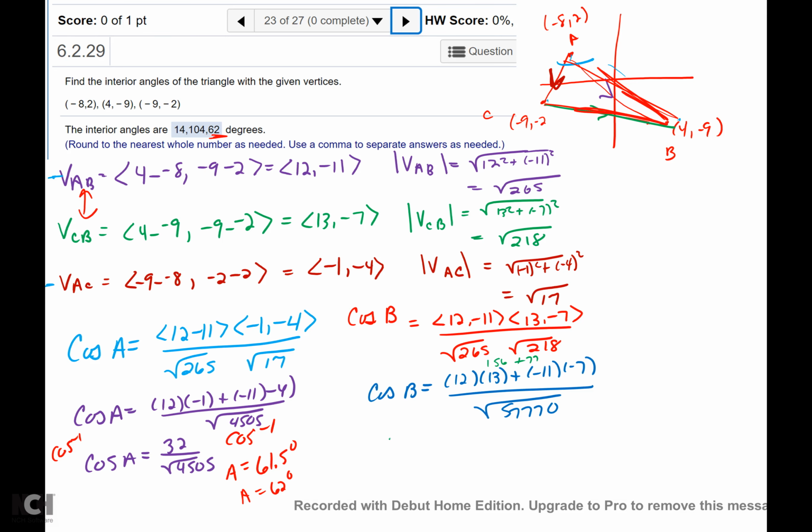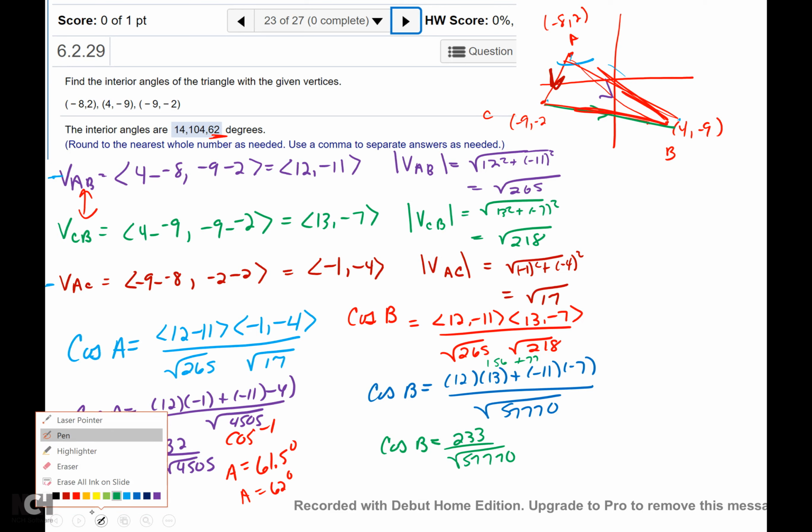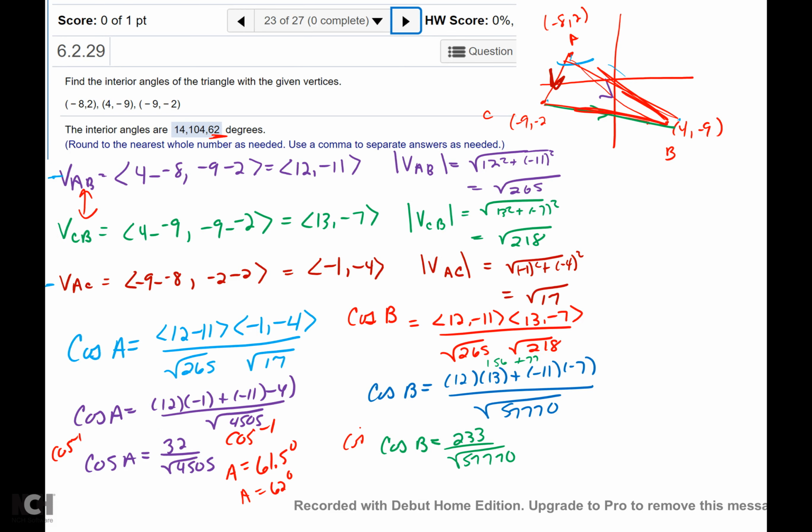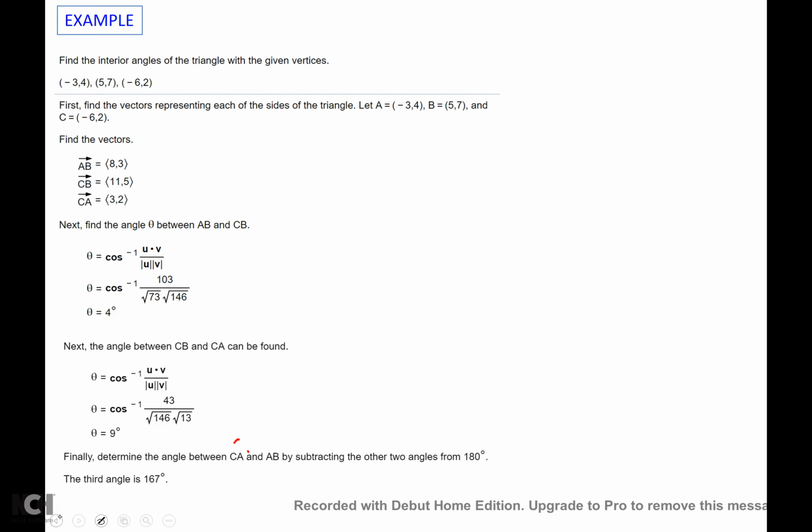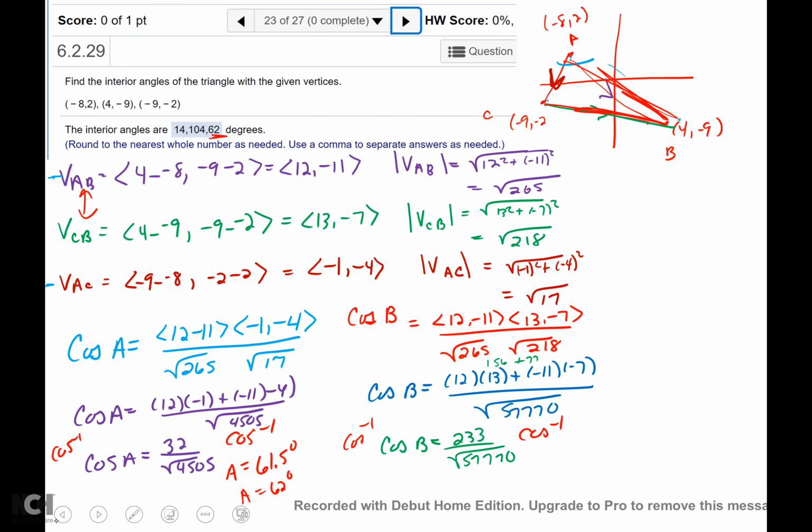So that's going to give me cosine B equals 233 over the square root of 57770. So now we're going to arc cos, and I get angle B equals 14.2 degrees, which is 14 degrees.